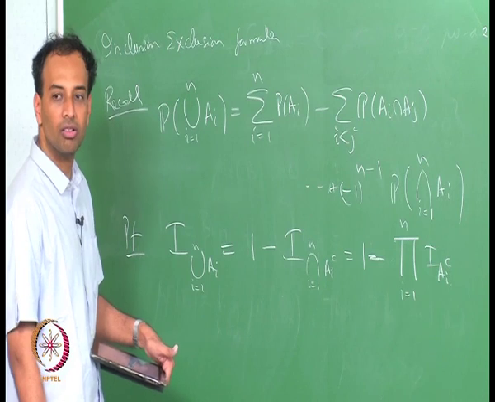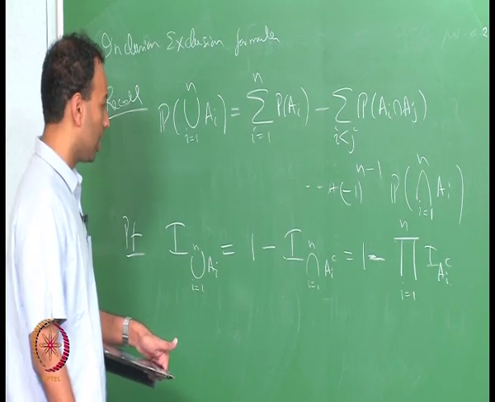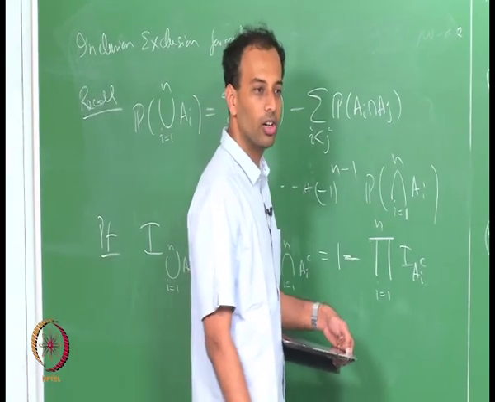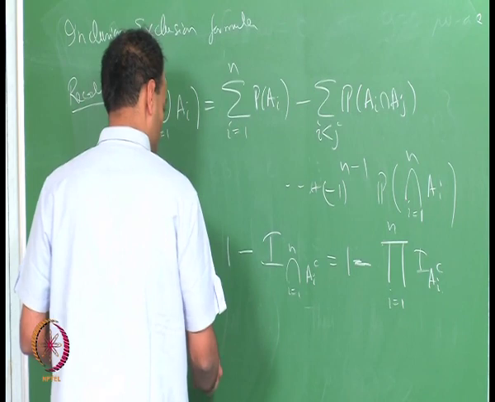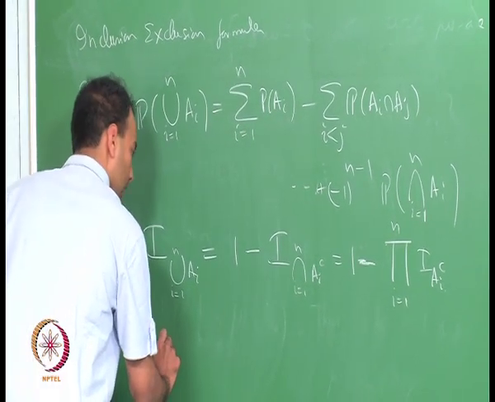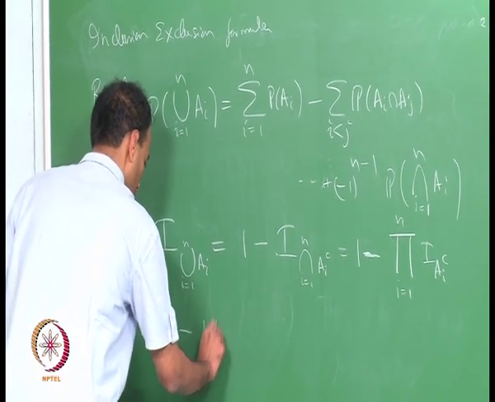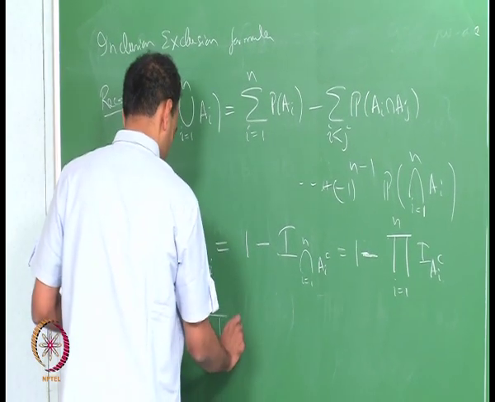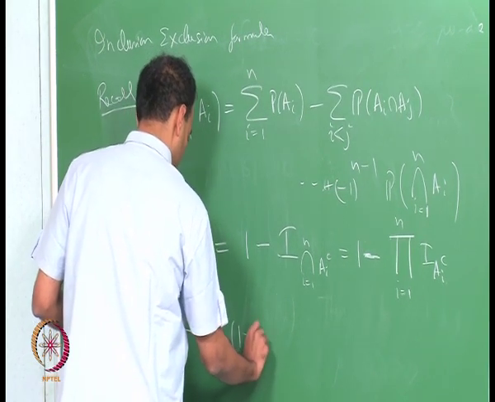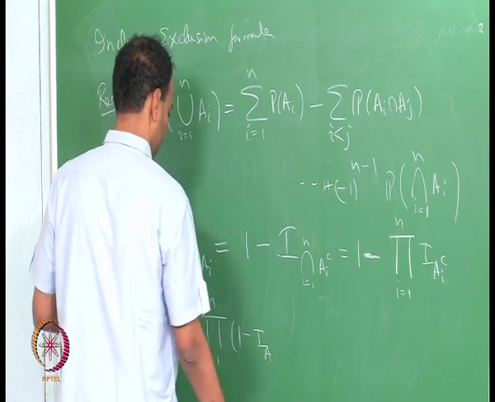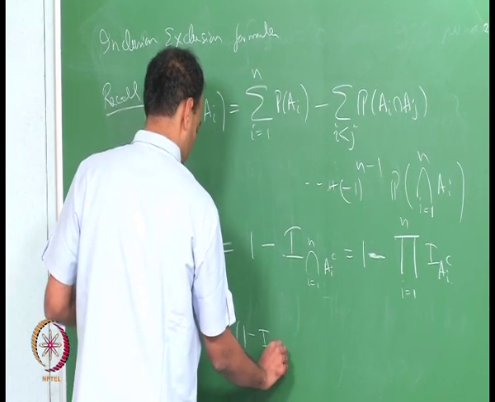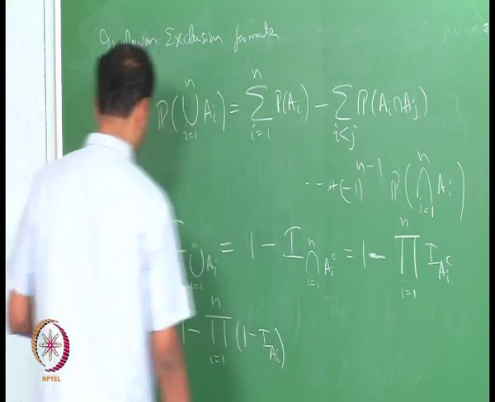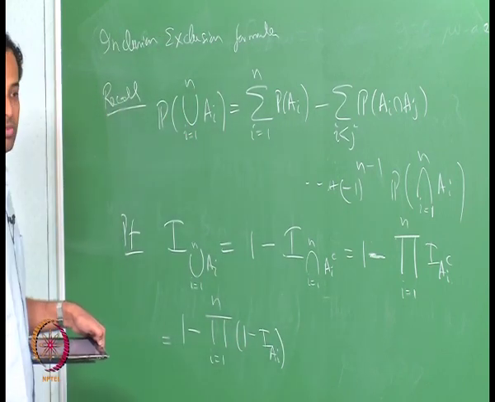Now, indicator of A_i complement is 1 minus indicator of A_i. So, I am going to write this as 1 minus the product of (1 minus indicator of A_i). Agreed with me so far?